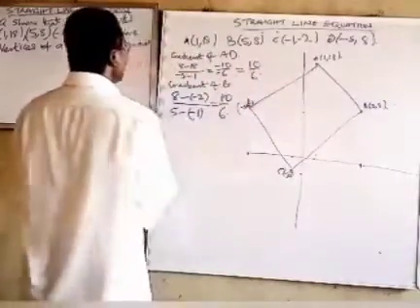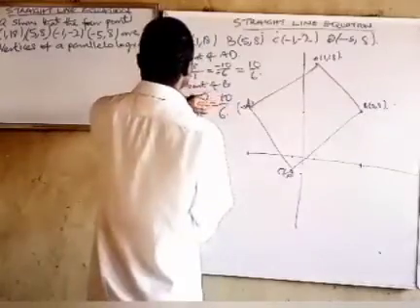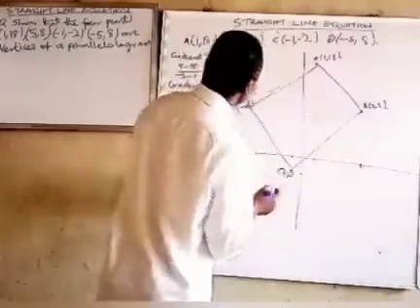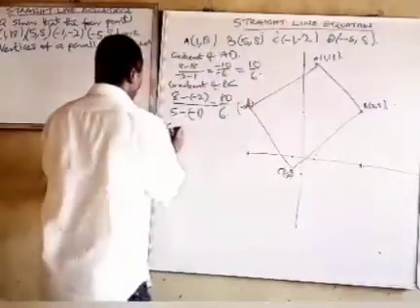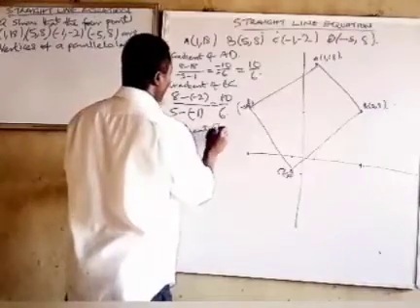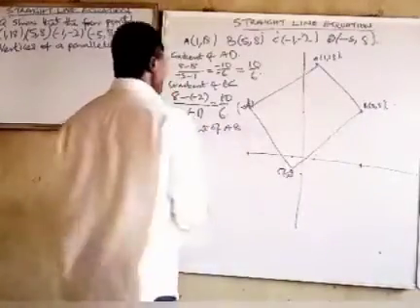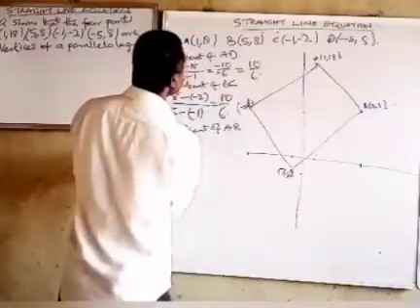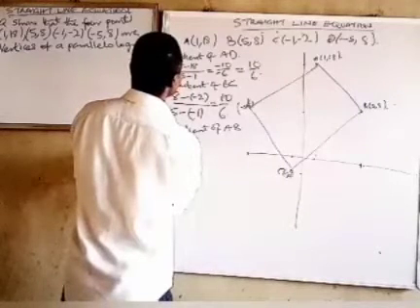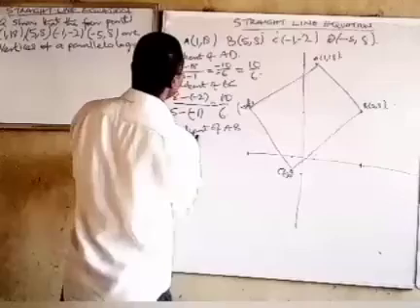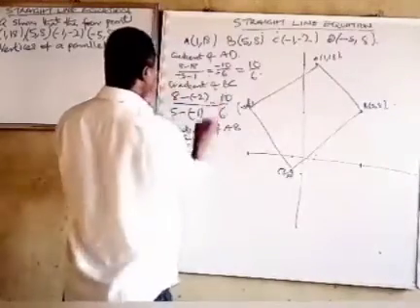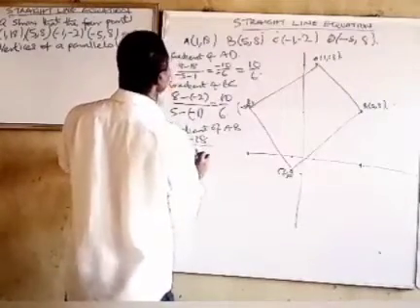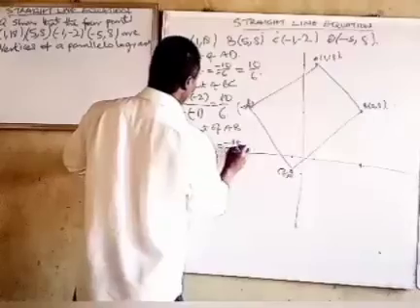Let's check AB and DC. Gradient of AB, we have that one to be 8 minus 18 over 5 minus 1, minus 10 over 4.